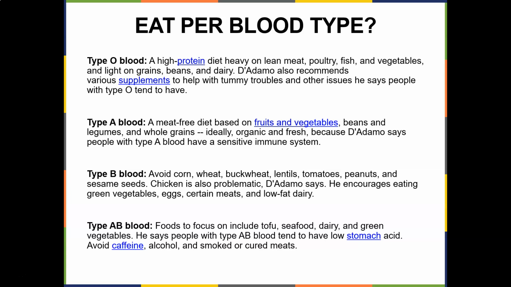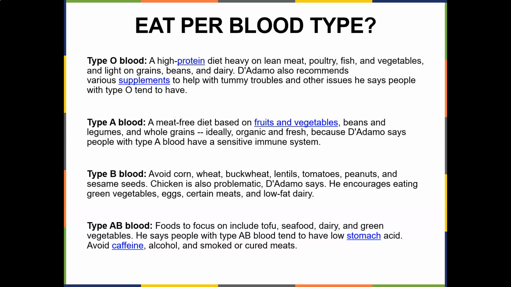Now, type B blood, yeah, you have to be careful. You should avoid corn, wheat, buckwheat, lentils, tomatoes, peanuts, and sesame seeds. That's why you see a high amount of Asians have a peanut allergy or corn or wheat. They also don't really like chicken too much. So if you're type B blood and every time you eat chicken you have issues, you might want to change that.